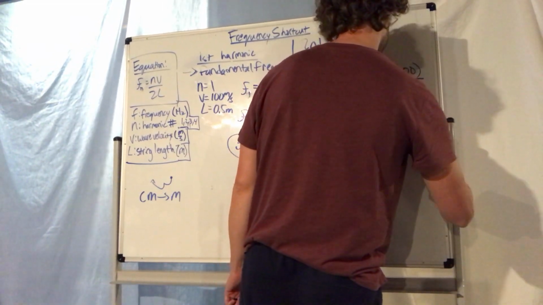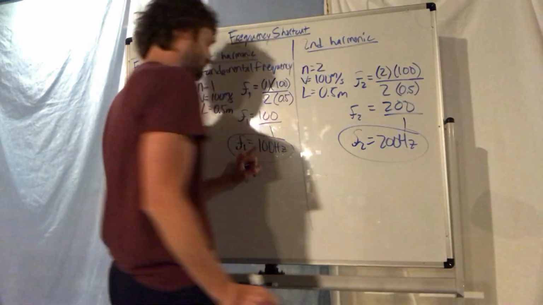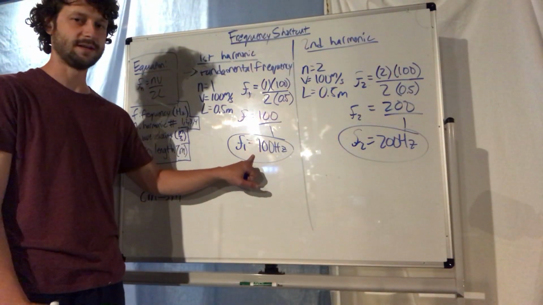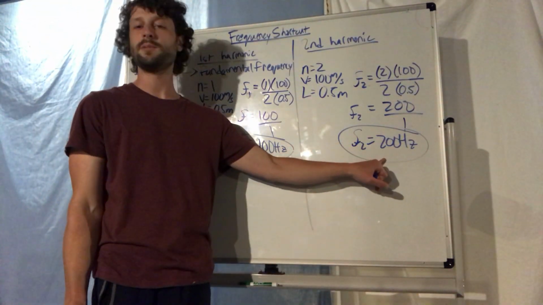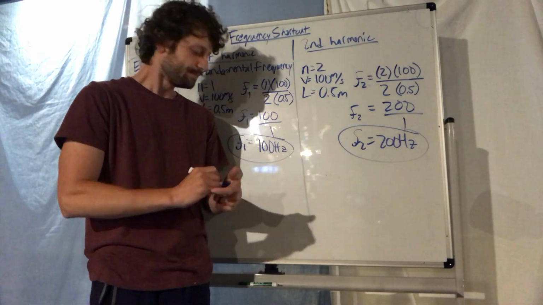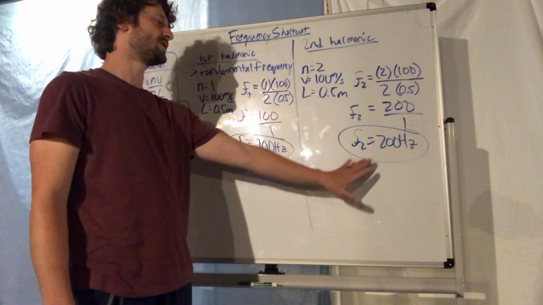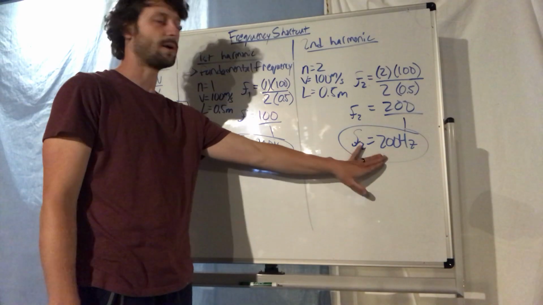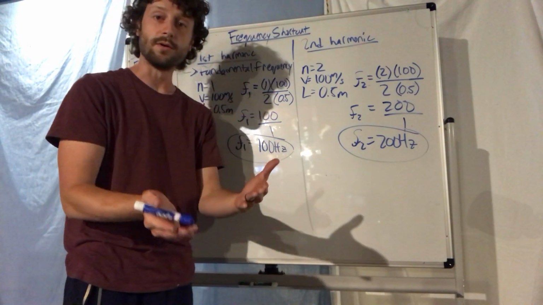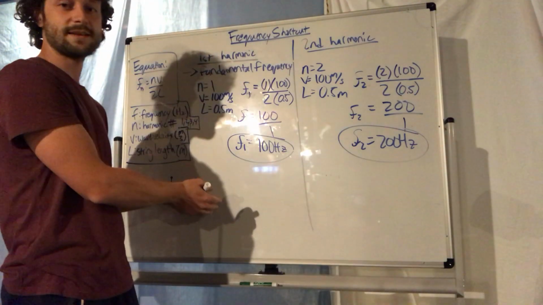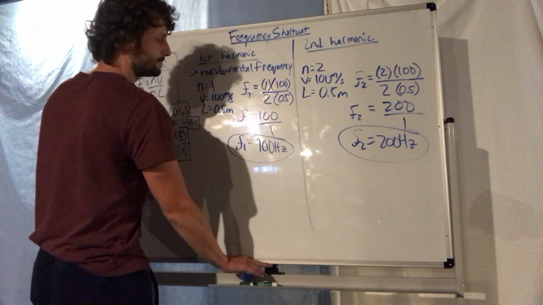So what we're saying is if a string plays 100 hertz for its fundamental frequency, then its second harmonic would play 200 hertz. So the frequency heard from the second harmonic is double of the frequency from the first harmonic.